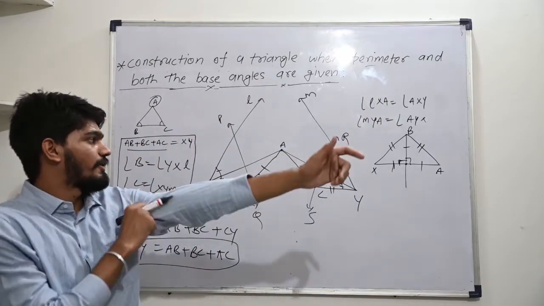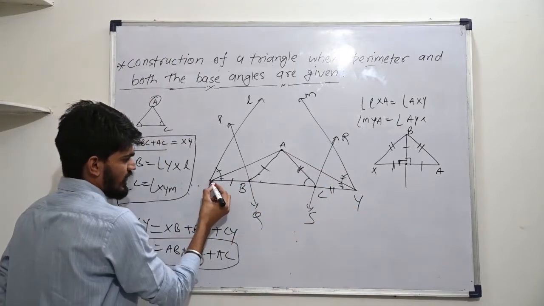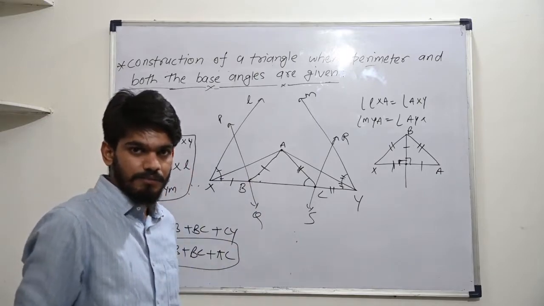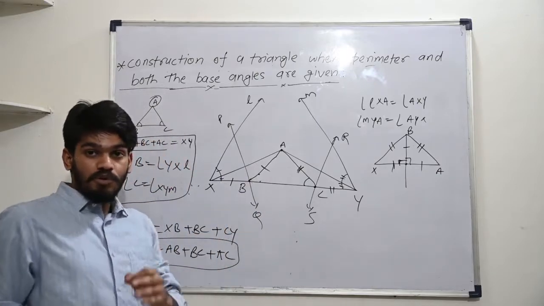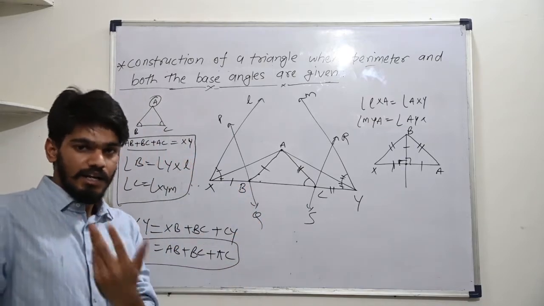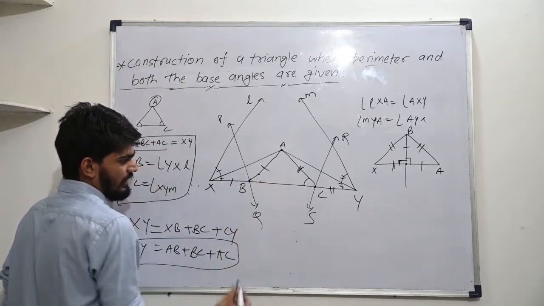Now about the angle. In this triangle XBA, only triangle XBA, the angles opposite to equal sides will also be equal. So this XB and AB are equal.